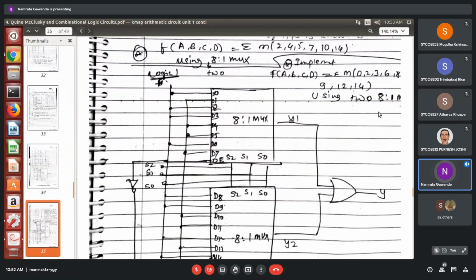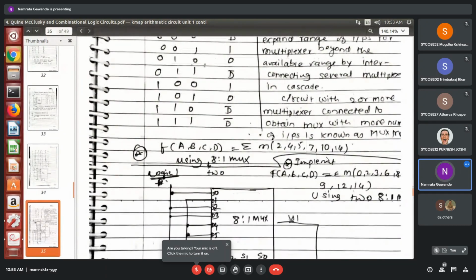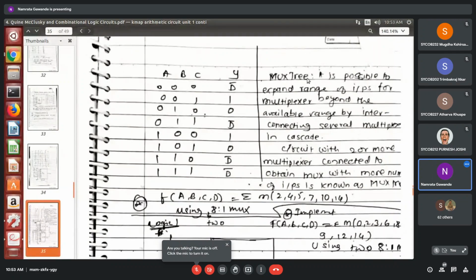Okay. So when 2:1 mux is specified, it means here you will require a multiplexer tree, that is known as mux tree. And for that a cascading will be required. Right. So see here, mux tree. It is possible to expand the range of the input for a multiplexer beyond the available range by interconnecting several multiplexers in cascade.